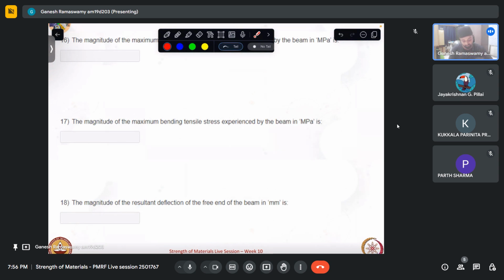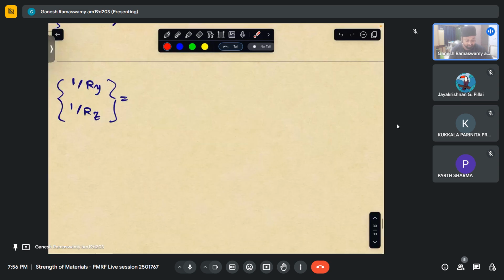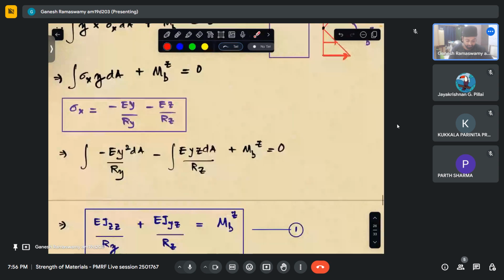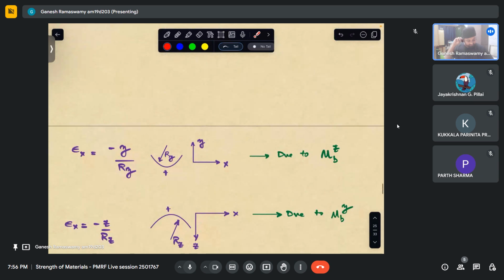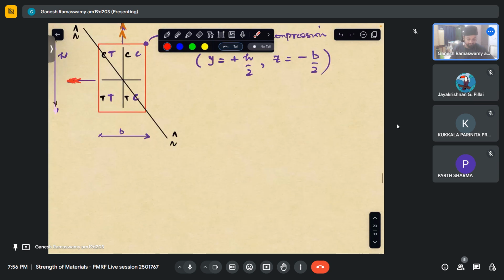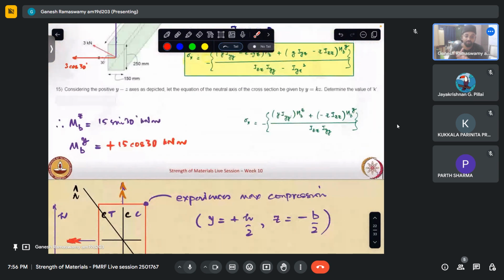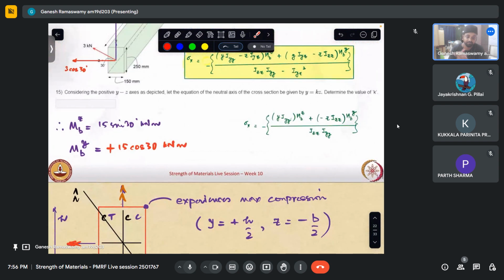Are there any questions at this point? Because I've been discussing these things, but if there are any questions now, I'm happy to take them. Is it clear about what we discussed today? Right from some rudiments of unsymmetrical bending to deriving the deflection using double integration and the moment area method, because those are the two that are presently discussed in week 10.